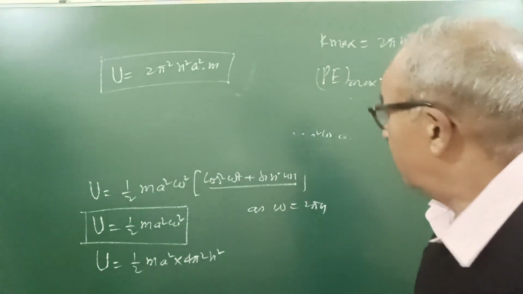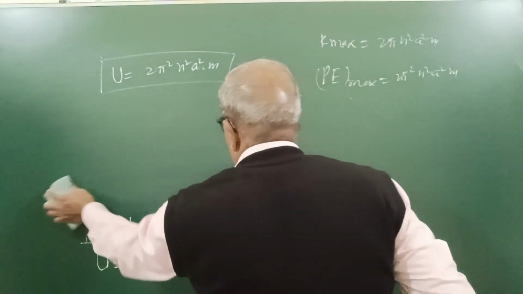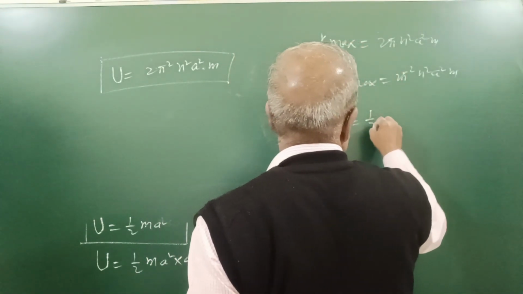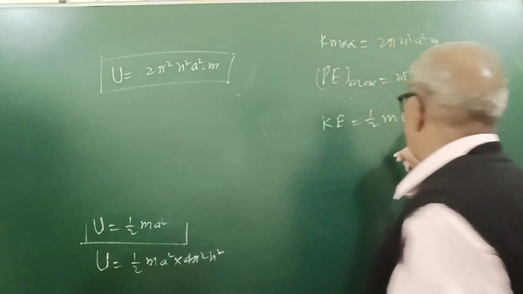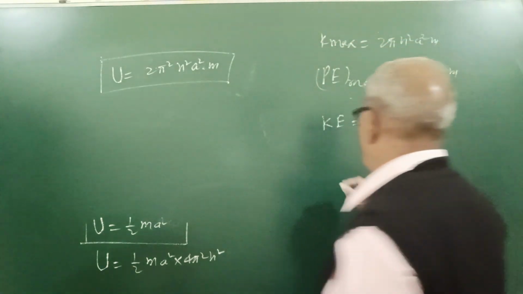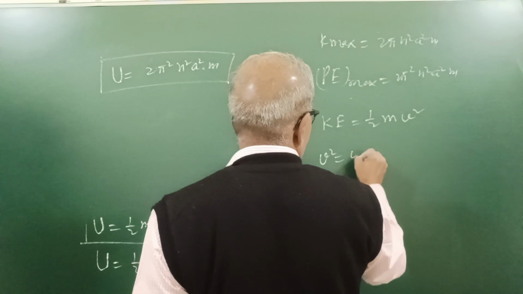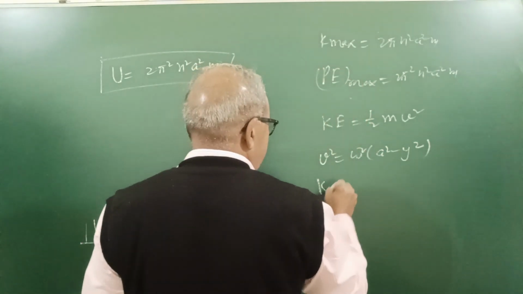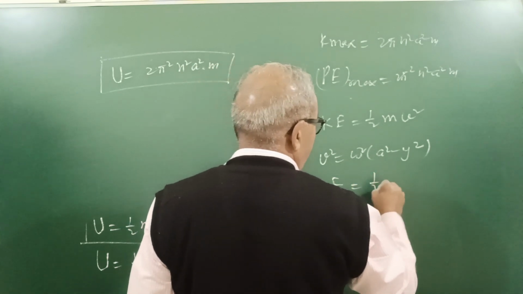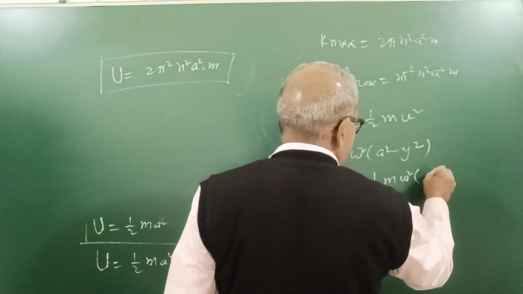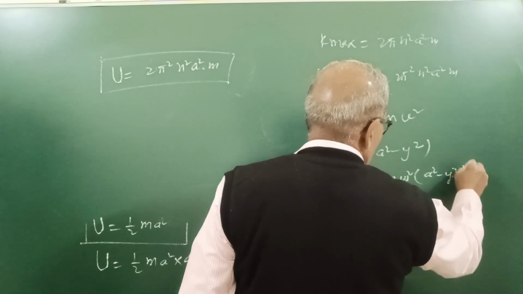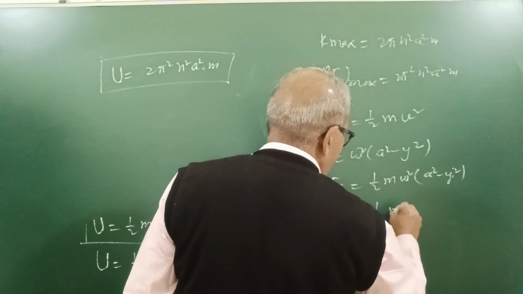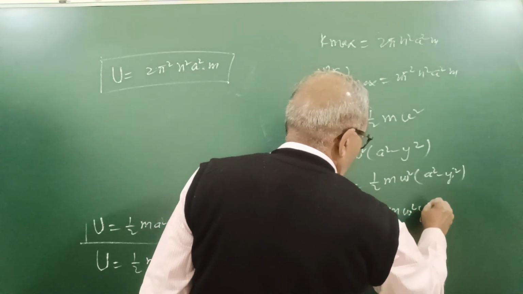Now I wrote there that kinetic energy equals half m v square, v being the velocity, and you know v square equals omega square into (a square minus y square). So KE can be written as half m omega square (a square minus y square), and the potential energy was half m omega square y square.